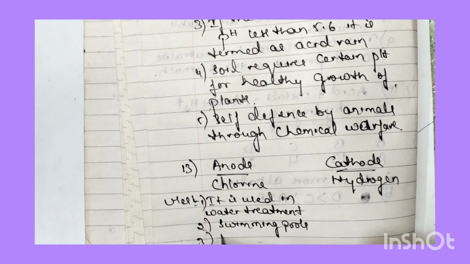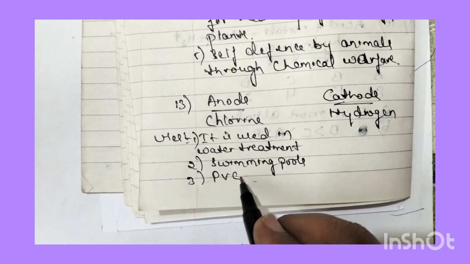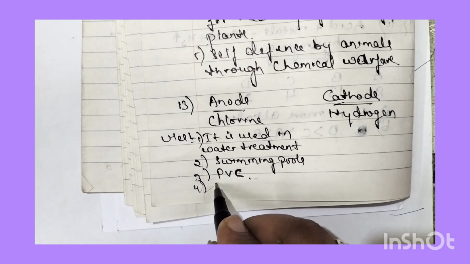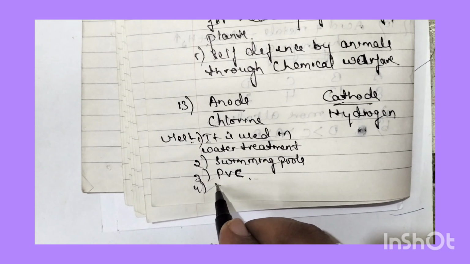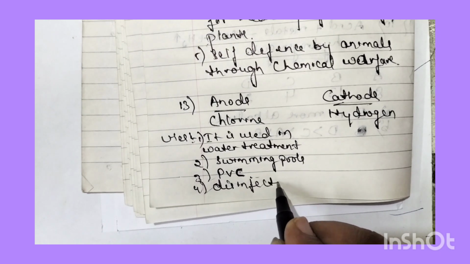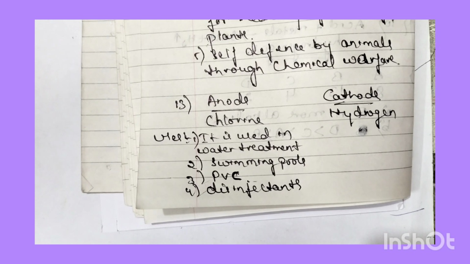Then it is used in the manufacture of PVC, that is polyvinyl chloride. Then the fourth one, it is used as disinfectants. So these are the uses of chlorine gas, which is collected at anode.